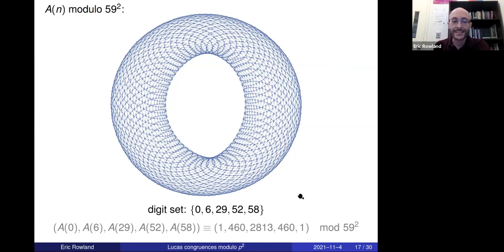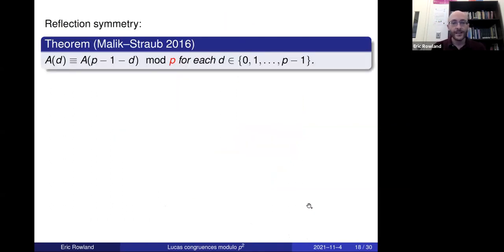And so this was a hint as to what the general characterization is of base P digits that support Lukács congruences modulo P squared for the Apery numbers. And it turns out that if you look mod P and not mod P squared, the Apery numbers do satisfy a reflection symmetry.